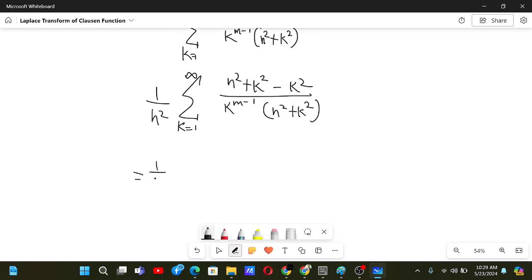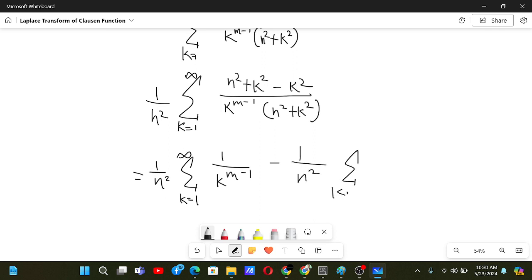Now, this is just 1 by n square, sum from k equals 1 to infinity of 1 by k to the power m minus 1. Yes, and then minus 1 by n square, sum from k equals 1 to infinity, and the k square and this cancel out, and that gives us 1 by k to the power m minus 3, over n square plus k square.